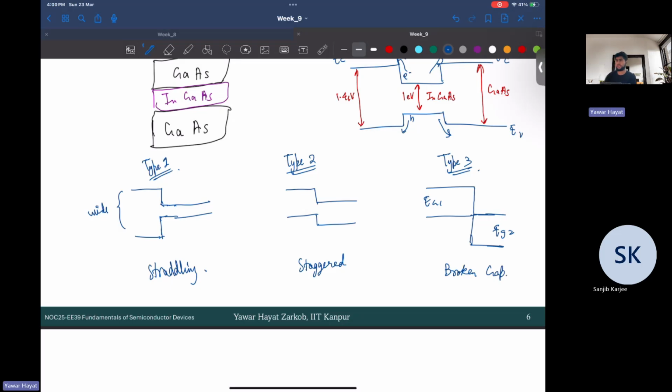Right? In staggered, the conduction band of one material is positioned below the conduction band of the other, while the valence band is positioned below the valence band of the other.